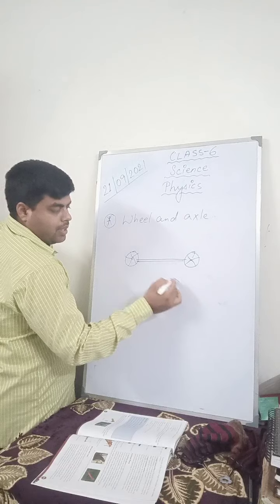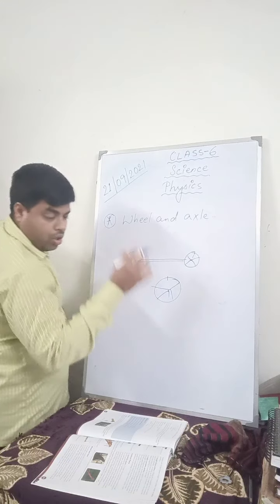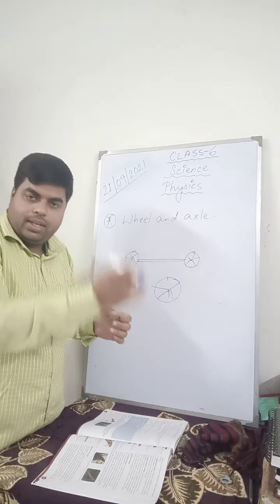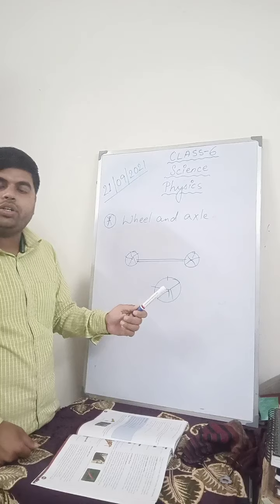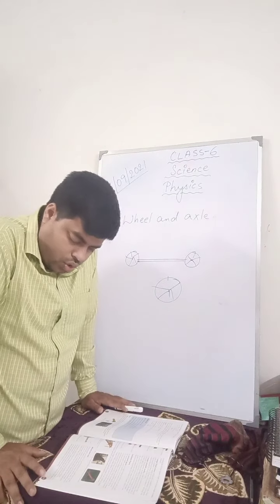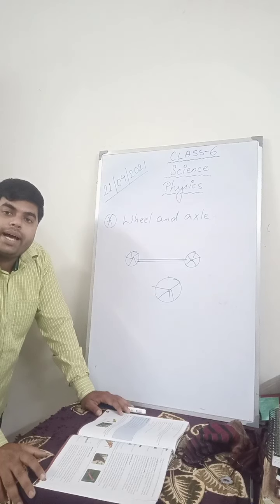As the steering is fixed by a long rod that you rotate, in the same way the wheels are connected to each other by a long rod known as the connector, that is also the axle. This connecting rod is the axle.